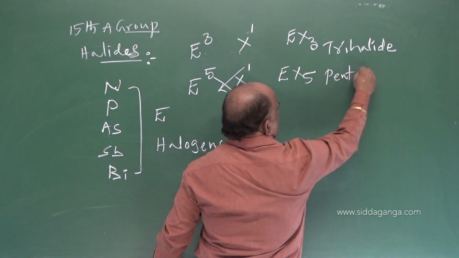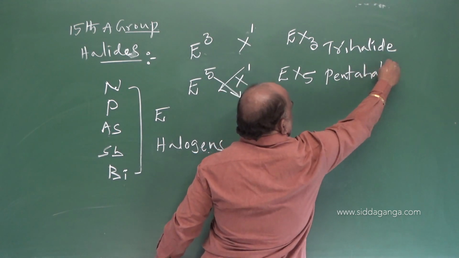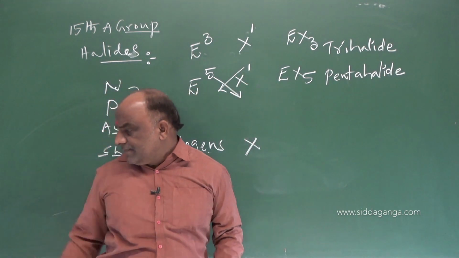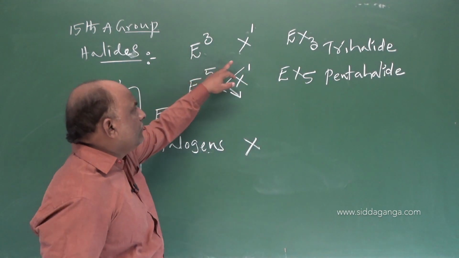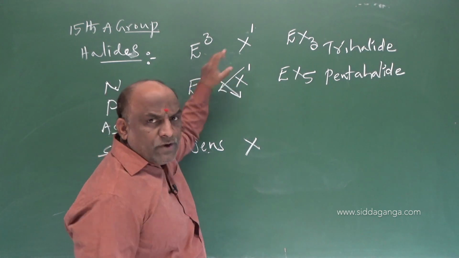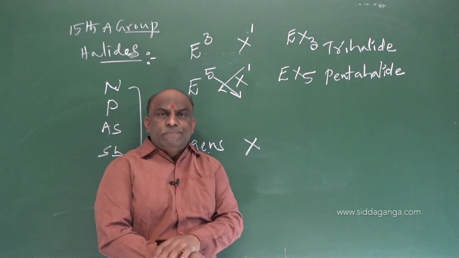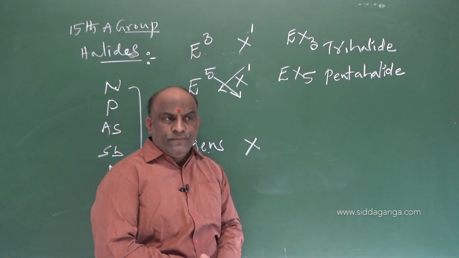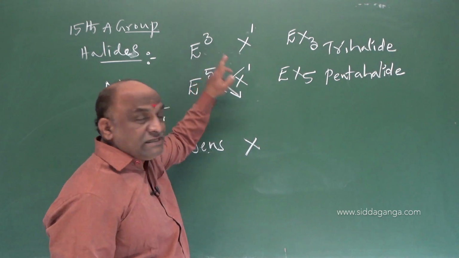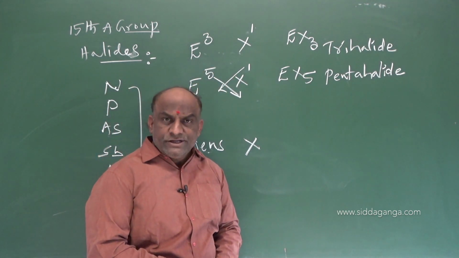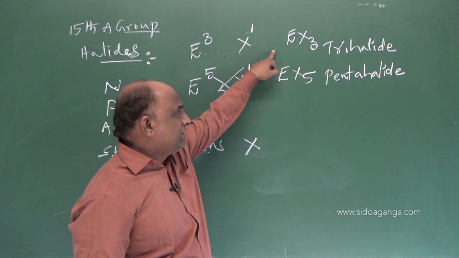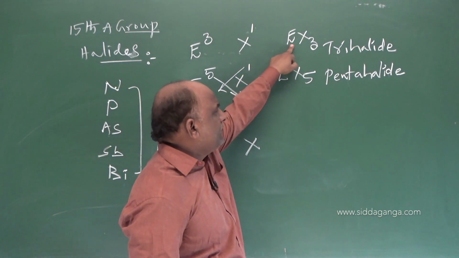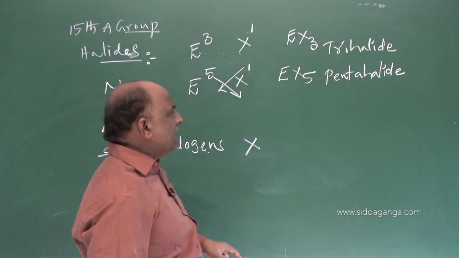EX5 is called a pentahalide. This topic is very important from a competitive point of view. We expect a question from the NEET or JEE point of view. We should revise these chemical reactions: trihalides, general formula EX3, and pentahalides, general formula EX5.